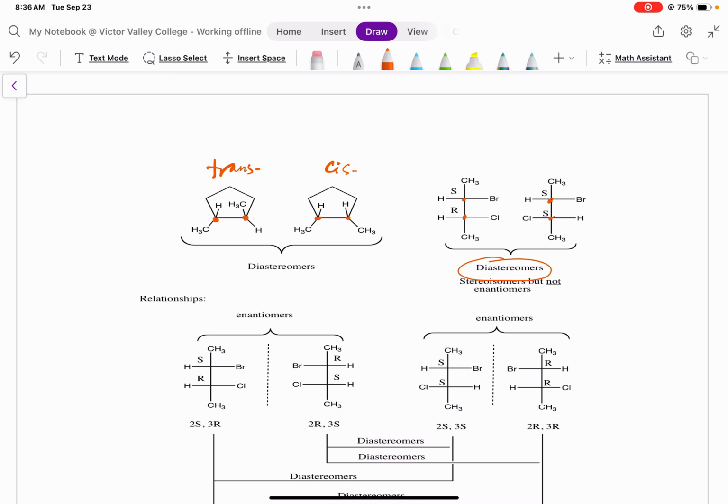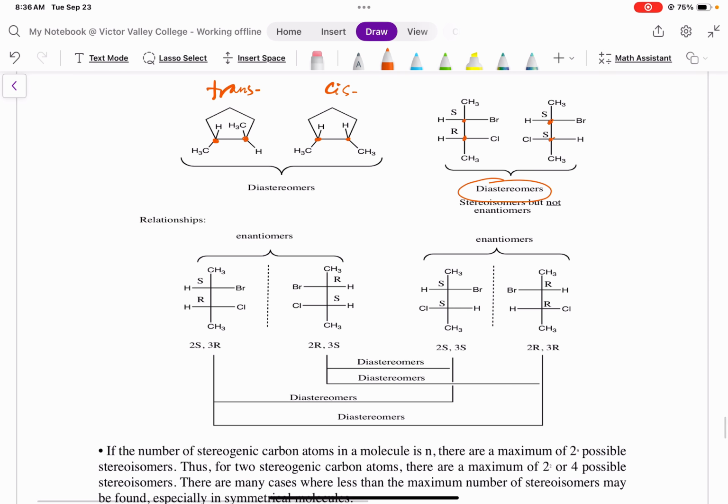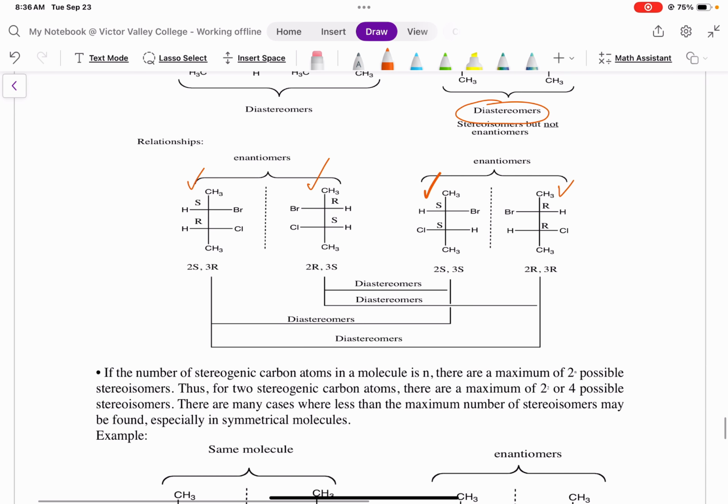So the SR, SS, yep. Or you have the SS, the RR, these are enantiomers. Or the SR, the RS, these are enantiomers. But if you pick one that's 2S, 3R, and you compare with the SS, they are diastereomers.